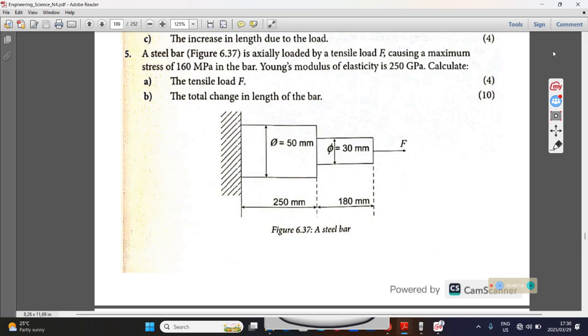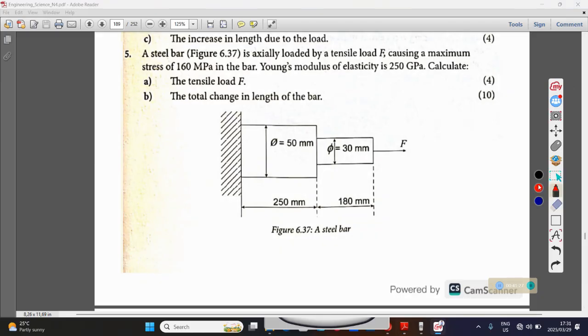Yeah, let's check this one. A steel bar as shown on this sketch is axially loaded. So the word axial, it means that parallel to the length.